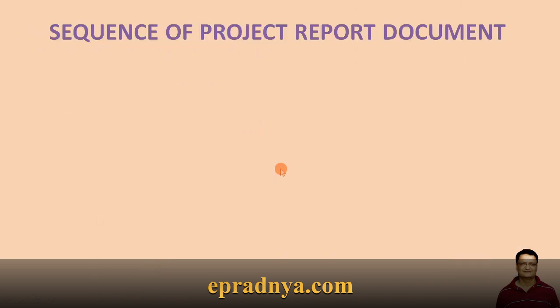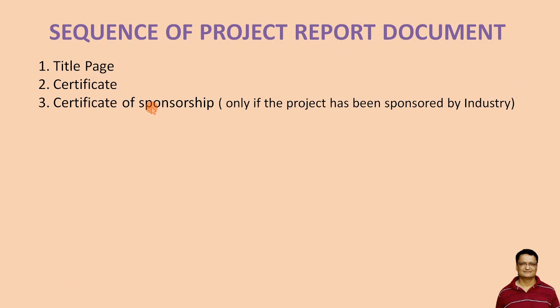So let us see what are the documents that are required to make a project report. According to MSBTE, this is the sequence of project report documents that you need to compile to make your final report. The first thing is your title page, then a certificate, then a certificate of sponsorship, which is only applicable if the project is sponsored by the industry.